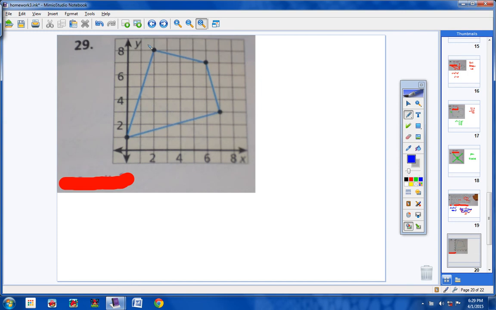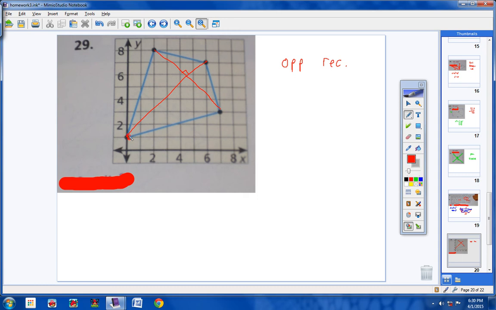And here we go. First of all, find the area of number 29. Now, this looks like a kite to me, but I'm not for sure. So what I'm going to very quickly do is find the slopes of these two diagonals. And remember, if they are opposite reciprocals, then they are perpendicular. So let's find the slope of these two lines real quick here.